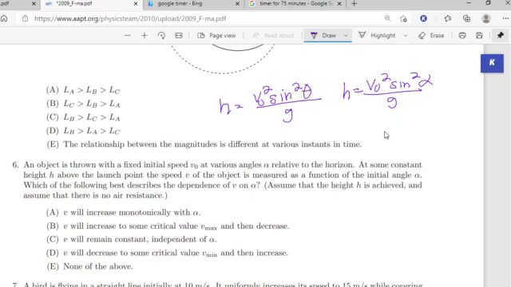Okay, we want to isolate v, so we have gh over sine squared alpha is equal to v naught squared. So v naught is equal to 1 over sine alpha times the square root of gh.